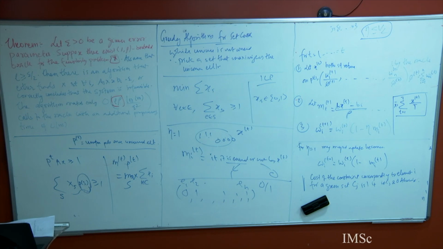This will cover at least 1 by opt fraction of the total number of elements. Okay. So in round T, what are we choosing every time? We are choosing a set C which maximizes the number of uncovered elements. Do you agree? This is what we are choosing all the time.